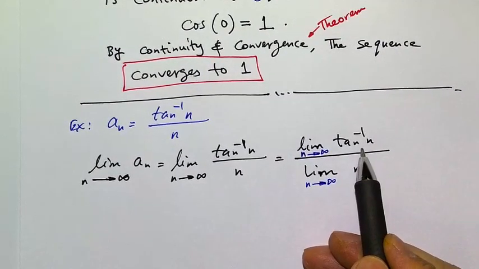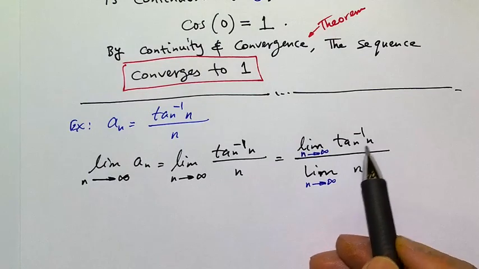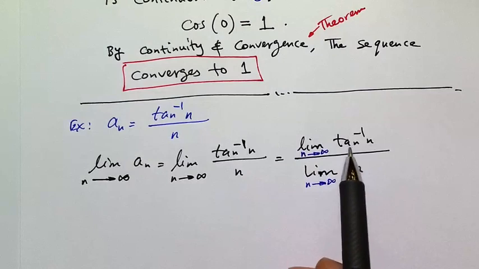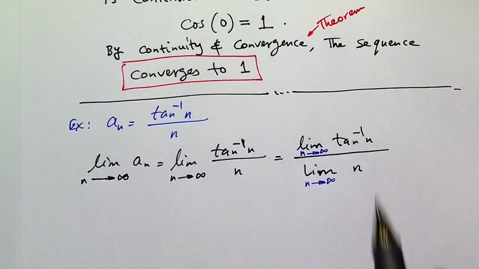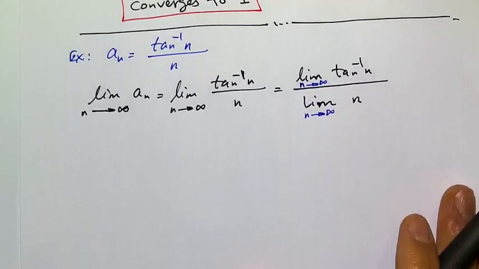So now, from trigonometry, or Math 127, if you took the course here, recall what the inverse tangent graph looked like, right? Let me actually do a quick graph of the inverse tangent, just as a reminder.